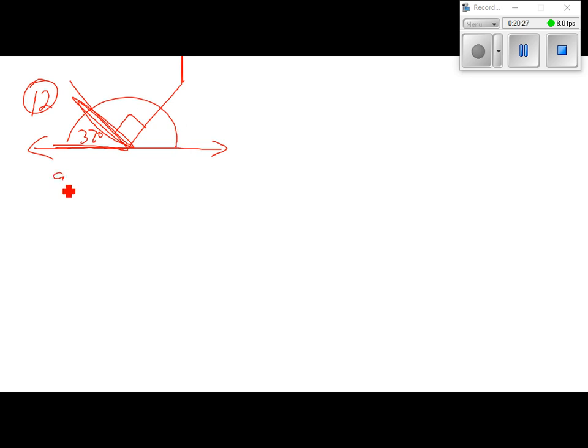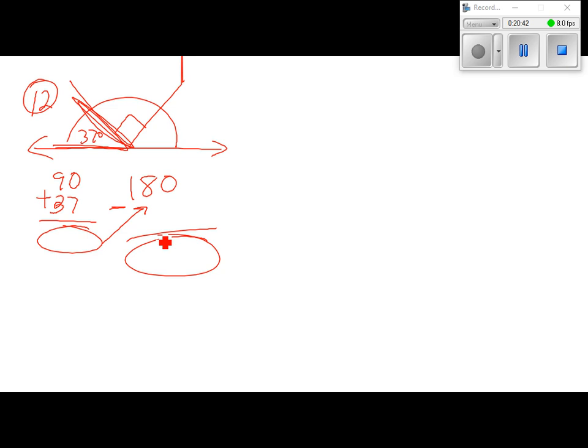So we can just take 90 plus 37. Add those two together, get that answer, and then you're going to subtract that answer from 180, and that's going to be your answer. So add those two, take that answer, subtract it from 180, and that's going to be how big that angle right there is.